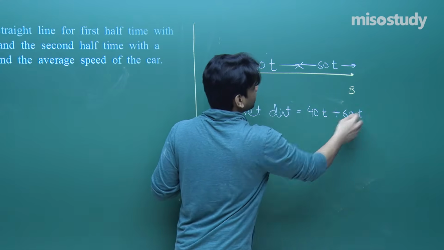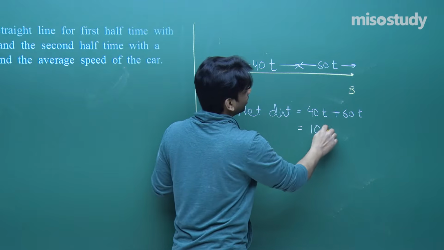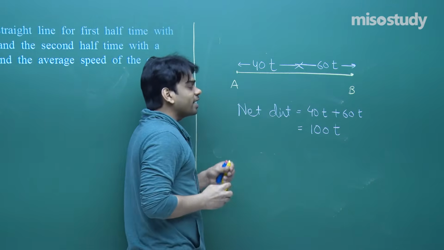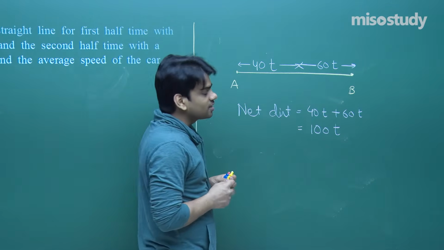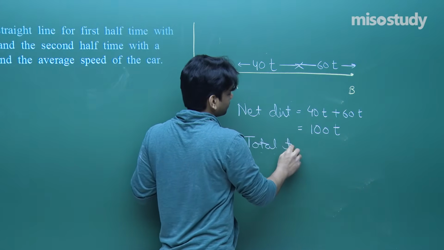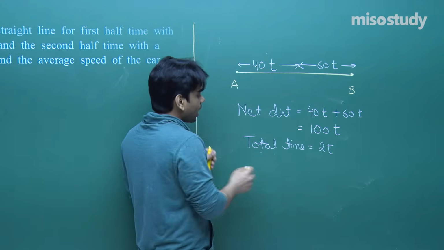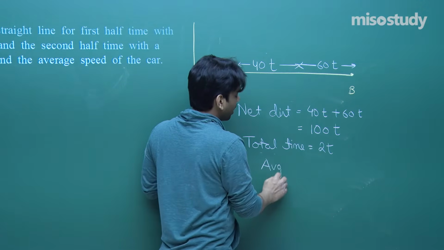40t plus 60t, that will be in kilometers also. That will be 100t. You got net distance, you got total time, that is 2t. Now average speed, this is what we are looking for.